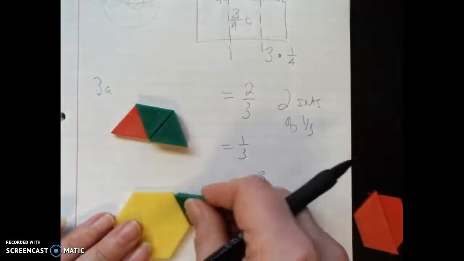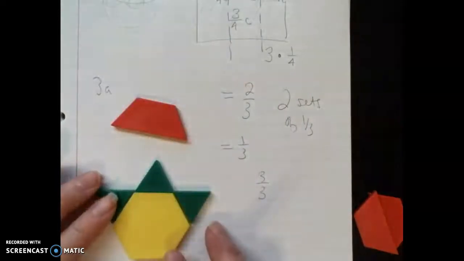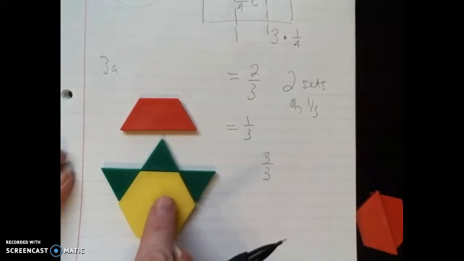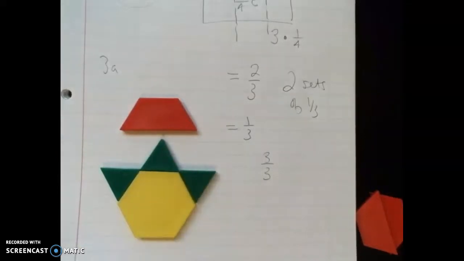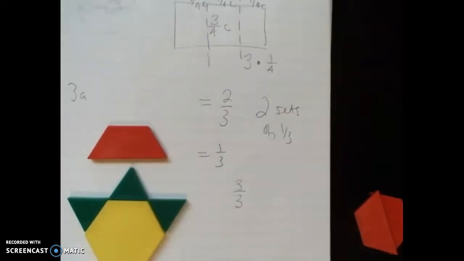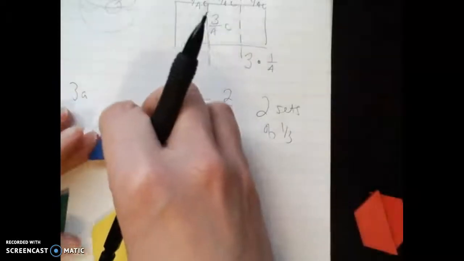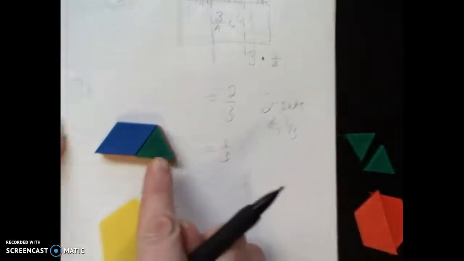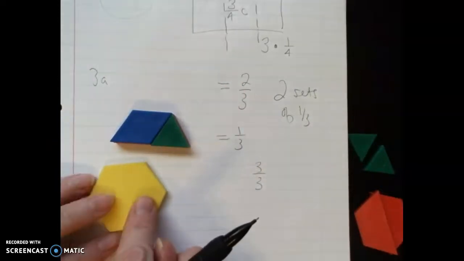So I could take my picture and take those, and this would be my 2/3, and these 3 together would make my 1/3, which would make my whole. The other thing I could do is, let's see, this guy and a triangle covers up my trapezoid. So if I have a hexagon, I know I have 2/3 of my design.